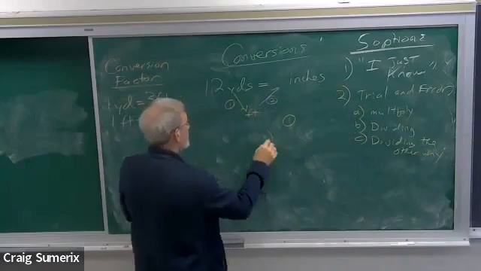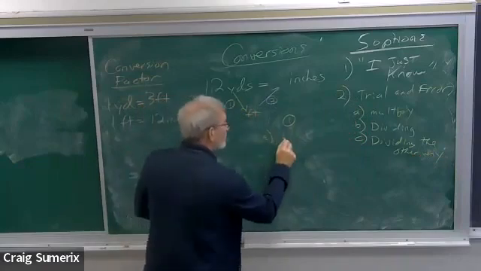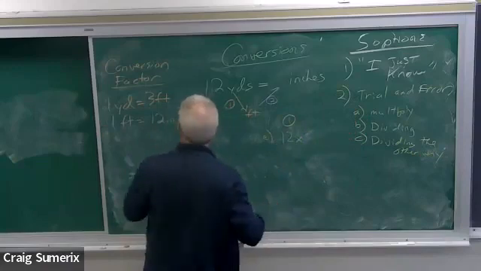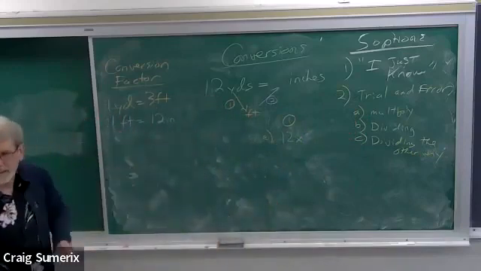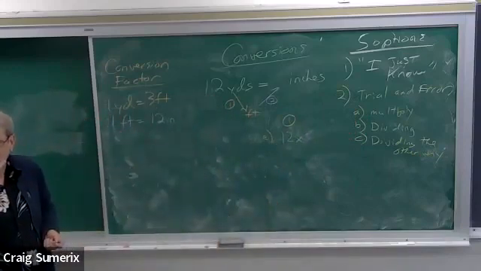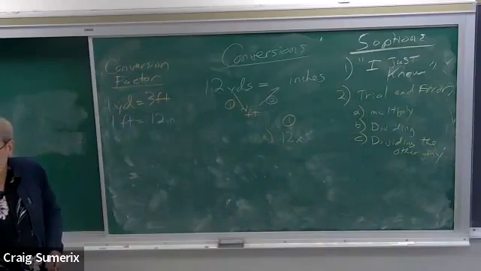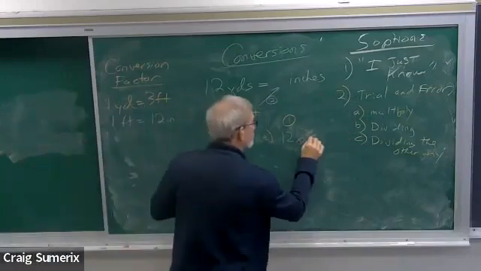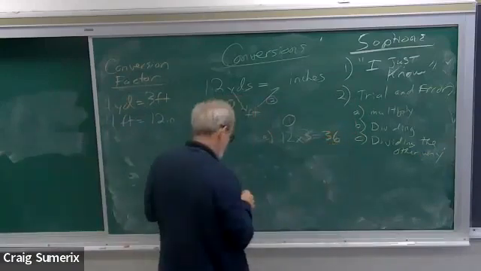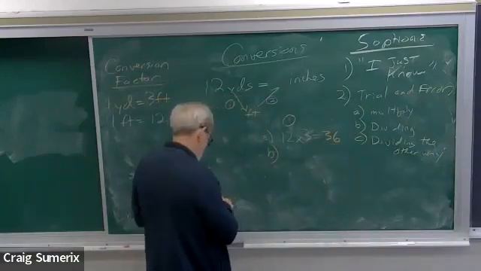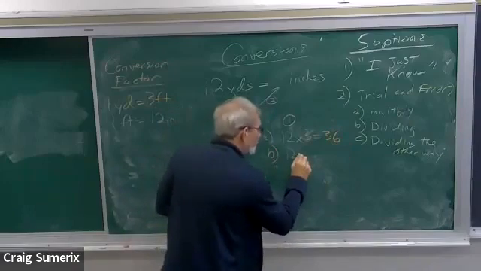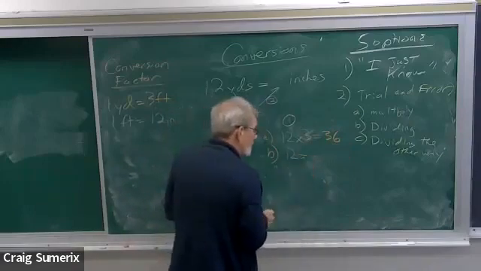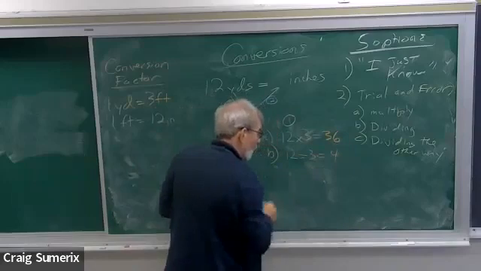If we multiply, we got our 12 times, we're gonna use the 1 or the 3. Would it make any sense to use the 1? Because 12 times 1 is, oh yeah, nothing changed. So yeah, we're gonna use the other. A, times 3, 36. B, dividing 12 divided by 3 is 4.